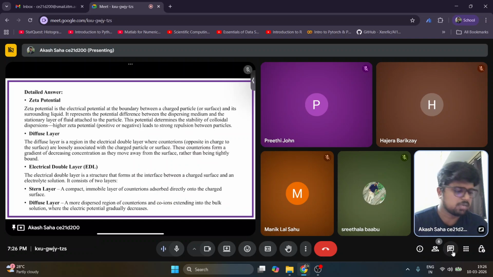Here I have given the definition of all these layers, but you don't have to memorize all of this. Just know that the electrical double layer comprises two layers: the Stern layer and the diffuse layer. The Stern layer is the compact immobile layer directly adsorbed onto the charged surface, the one near the charged surface of the particle.